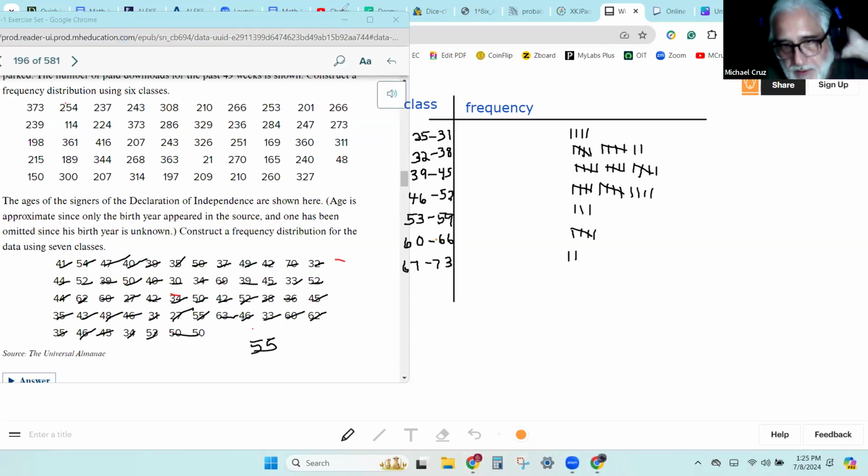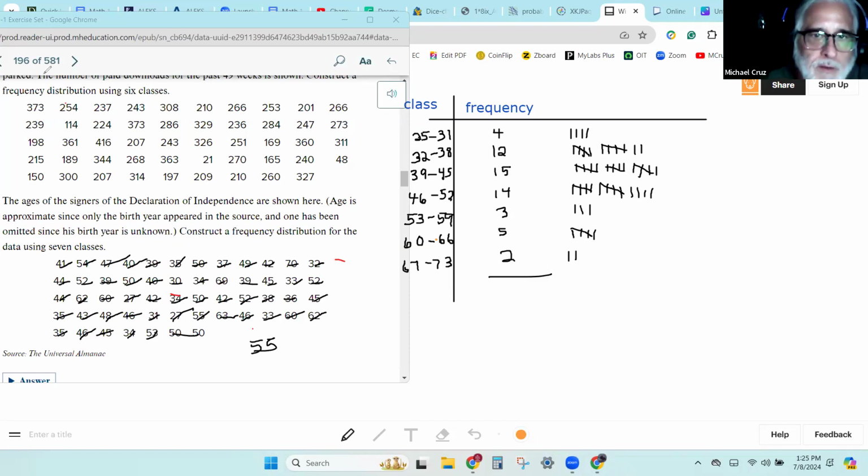So let's look at it. So this one's 4. 10 and 2 is 12. That's right at 15. That's 14. 3, 5, and then 2.